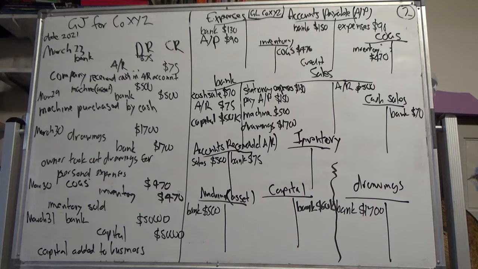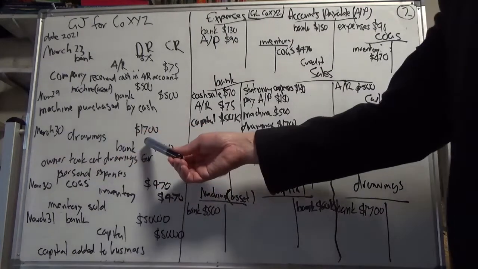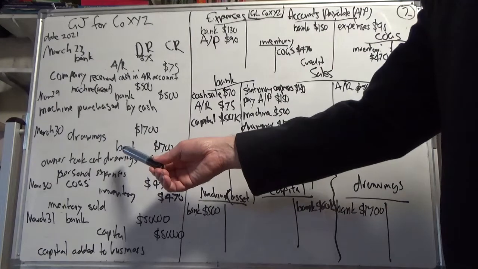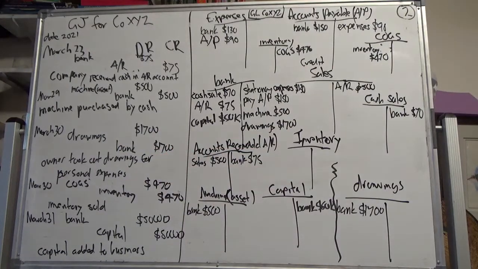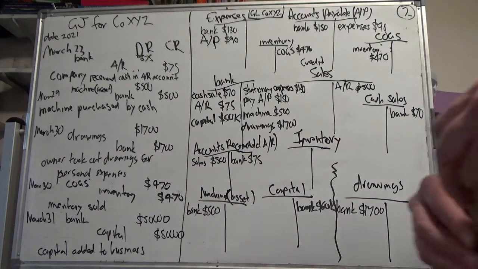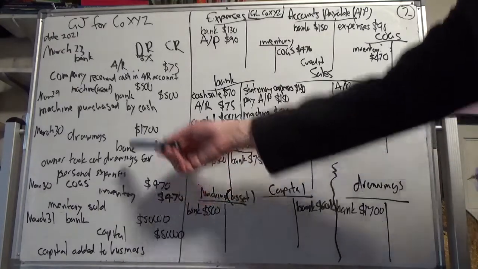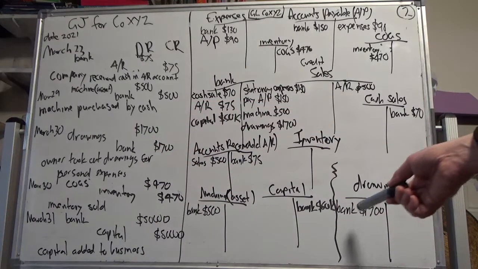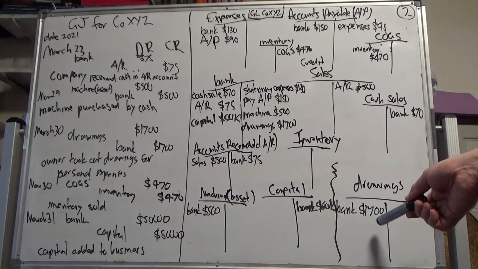Next transaction, March the 30th. The owner took out some drawings for his or her personal expense. So you debit drawings $1,700, that the owner needed $1,700 to pay for things like fuel and electricity, credit bank. So drawings, we're looking for drawings. Bank $1,700.